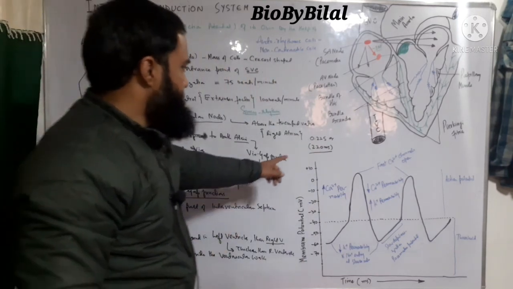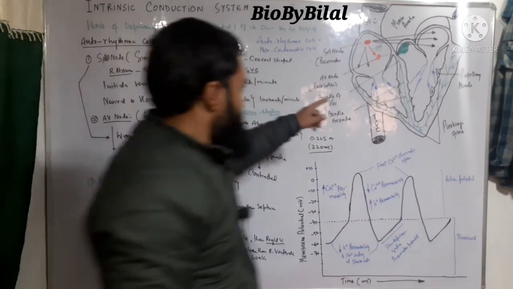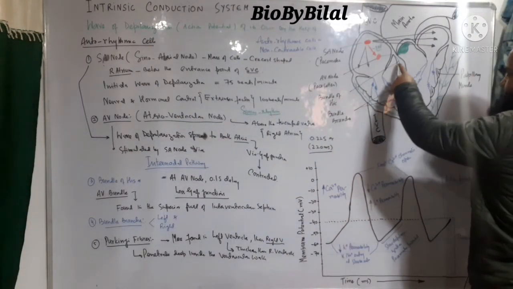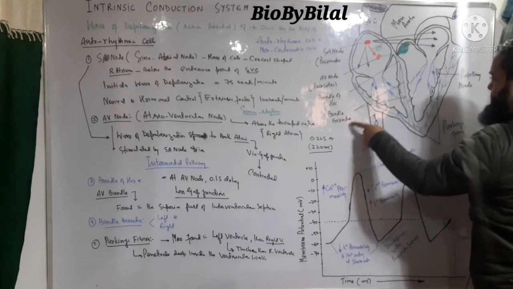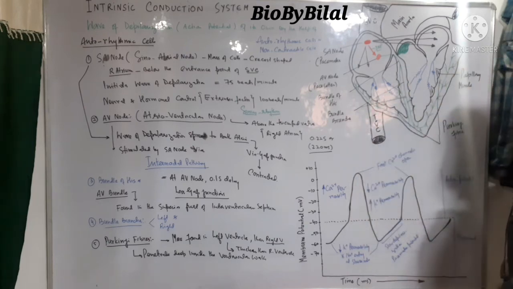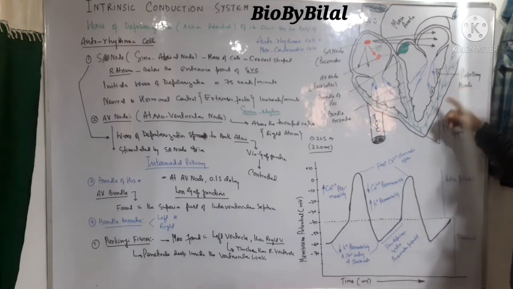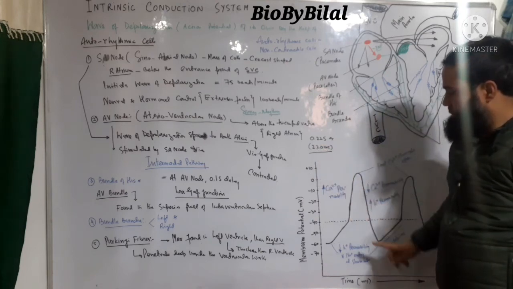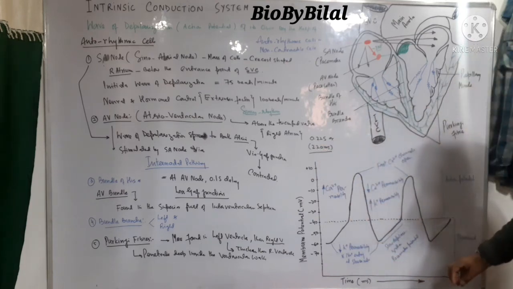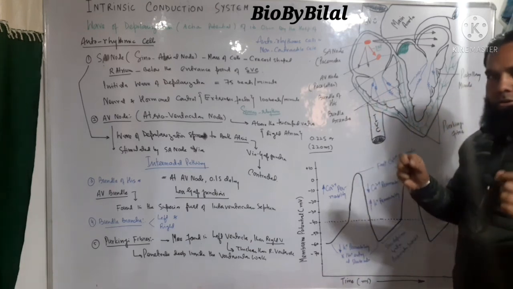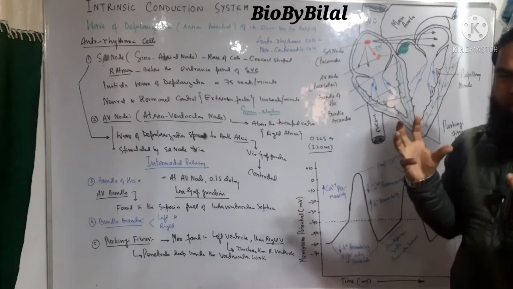You must note this point. From the SA node to the AV node, from the AV node to the bundle of His, the bundle branches, and ultimately up to the last cell of the ventricular muscle fiber, it takes about 0.22 seconds, or 220 milliseconds, to raise the action potential, and the ventricular contraction takes place.